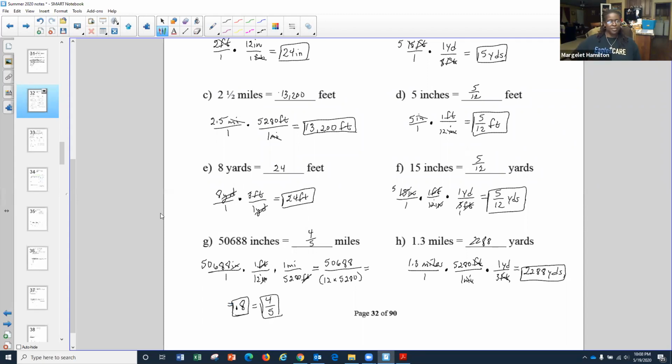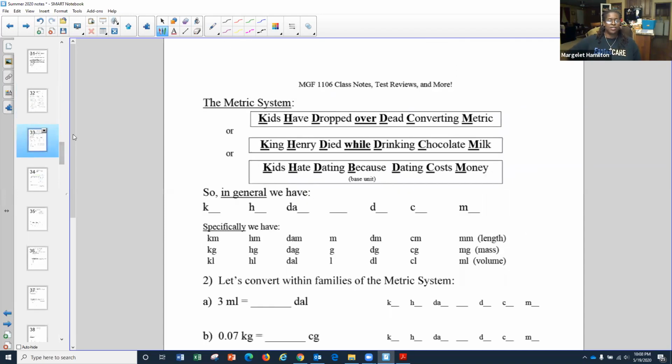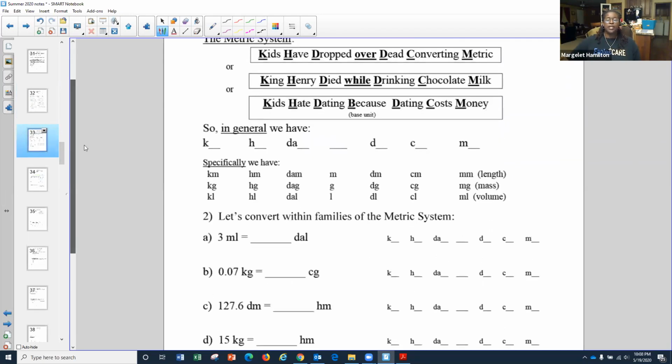Right? Let's look at the metric system. Now, the metric system, again, here we are starting off with, is all about memorizing the structure. So here they start off with giving you some ways to memorize. These are called mnemonics. Now, we're probably familiar with this, but just didn't know the name or the term mnemonics.